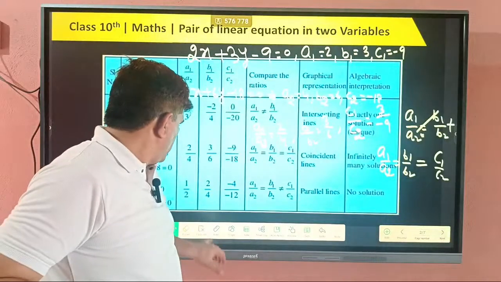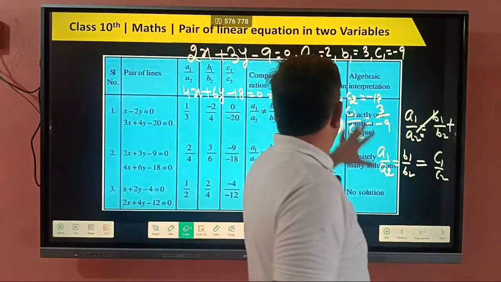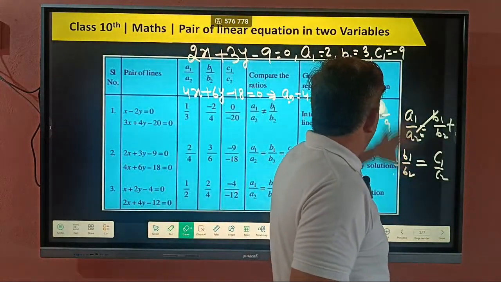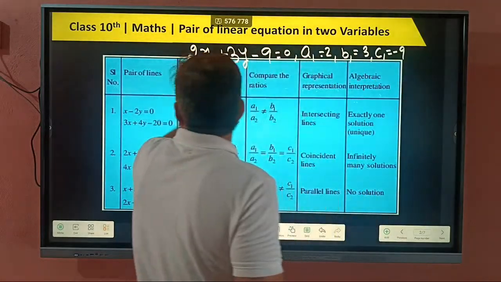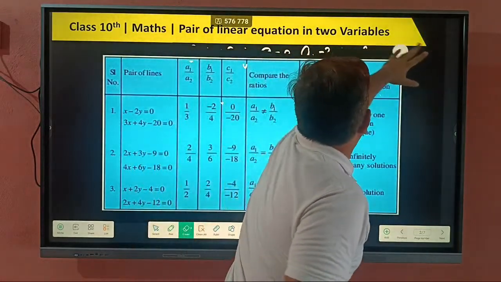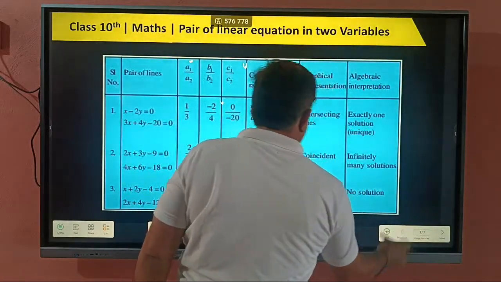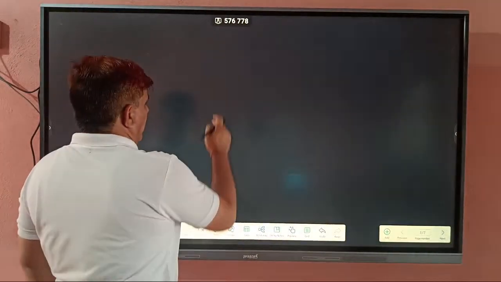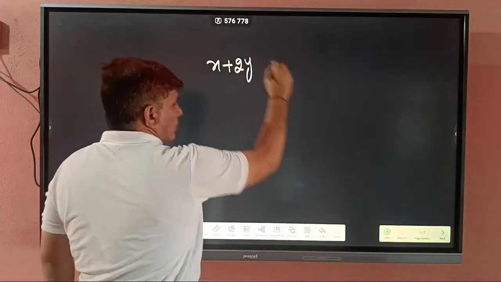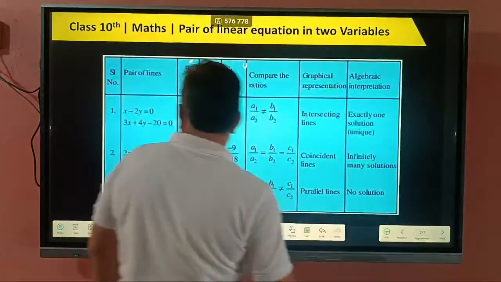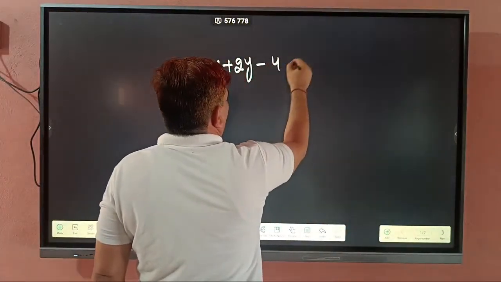Third one is given, one more pair of linear equations. What's the equation? The equation is this: x plus 2y minus 4 equal to 0.